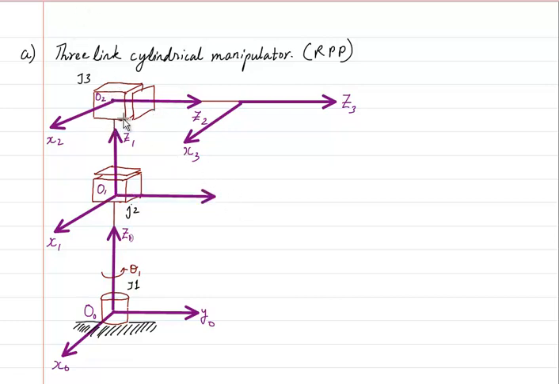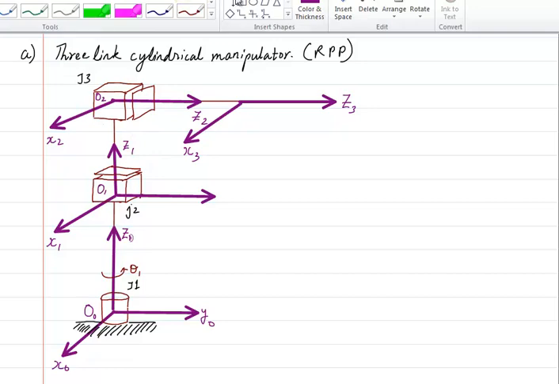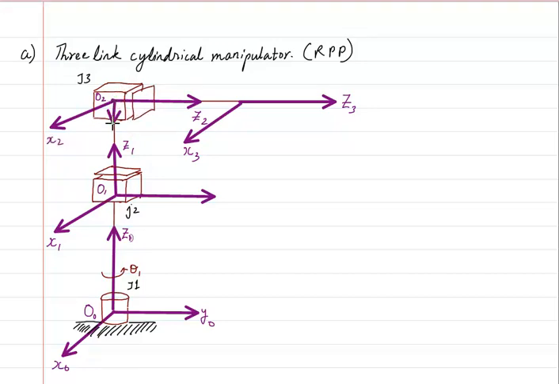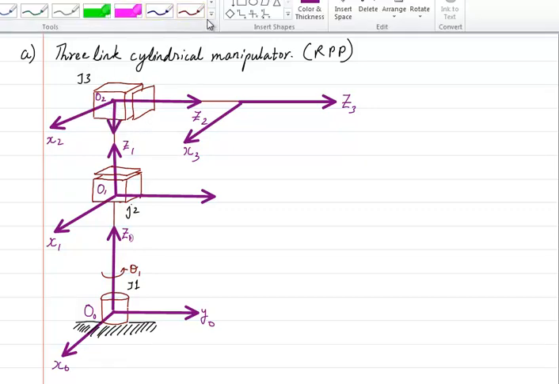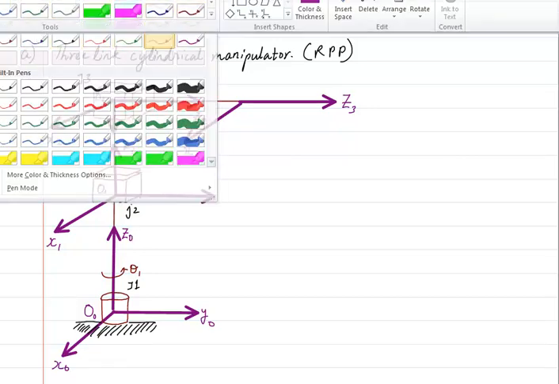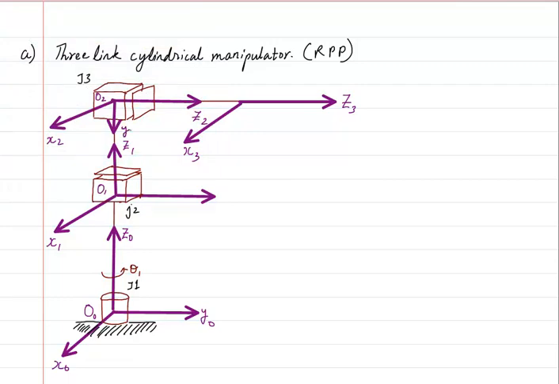Similarly, X, Y here will come down. So let me first do one thing. Let me select this and reduce the size of this one so that I'm able to draw the Y axis of the above case. So yeah, so here X and Z is in this direction, so following the right hand rule, the Y axis will point down. So let me write this as the Y2 axis, and this one was Y1 axis.